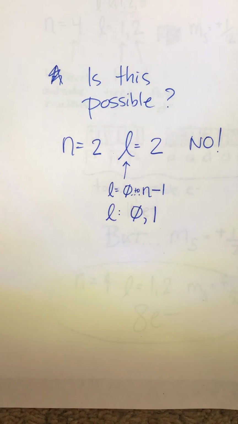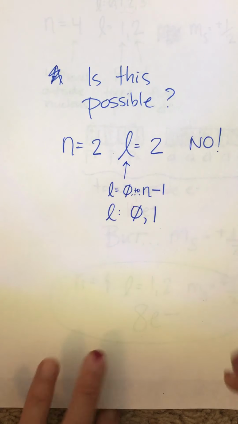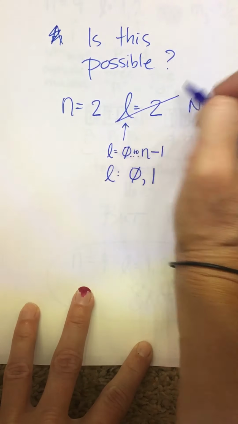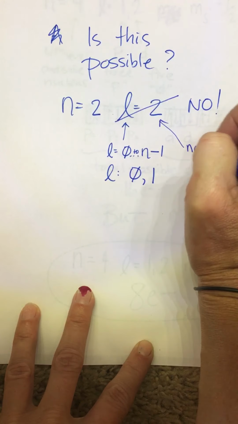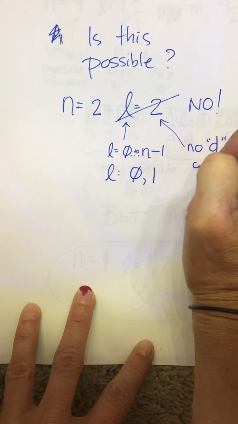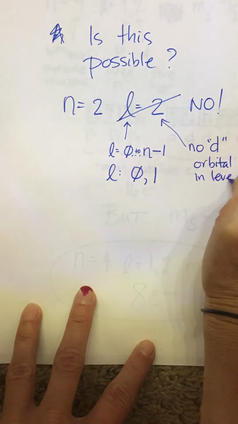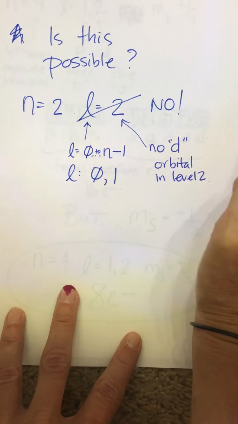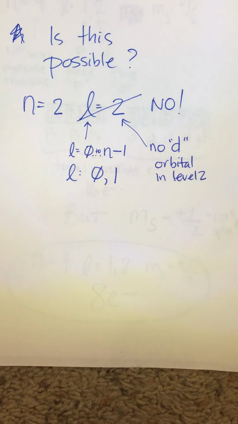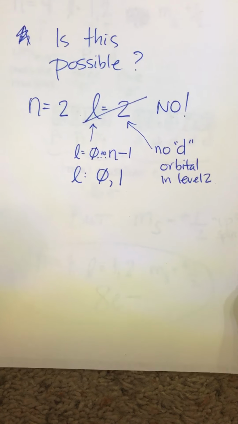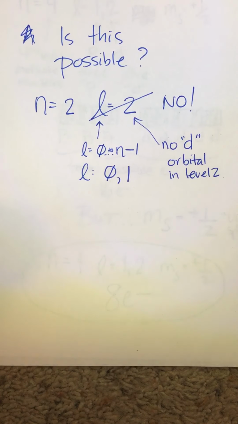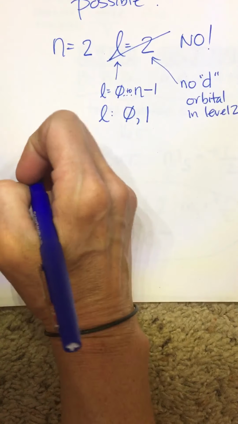There is no d orbital in level 2. Okay, so this is wrong. There is no d orbital in level 2. Okay, so this is not an allowed quantum set. It doesn't exist.